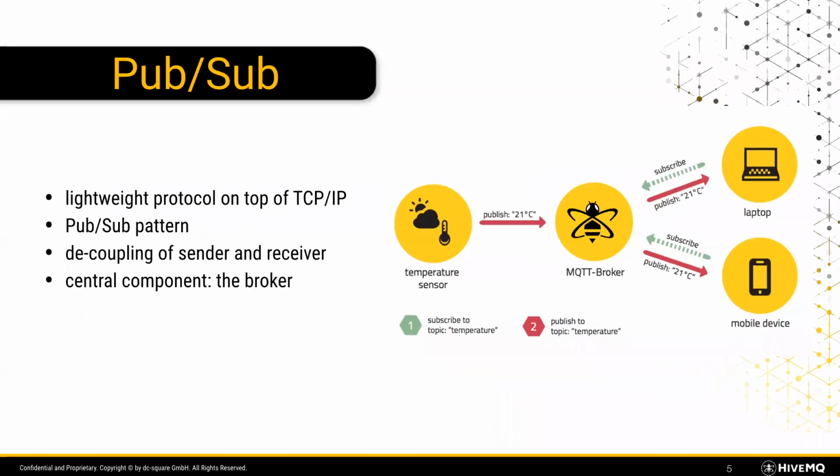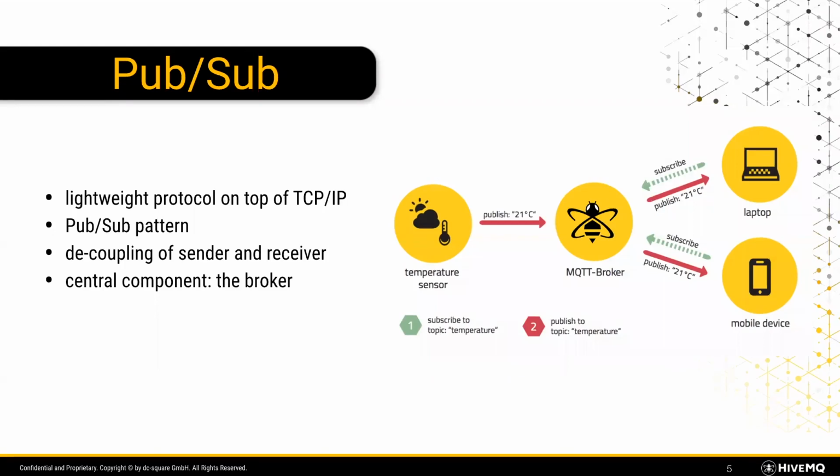A very broad overview of how the protocol works. It's a publish-subscribe pattern. This means that the sender and the receiver of messages are decoupled, and all communication goes via one central component, the broker.